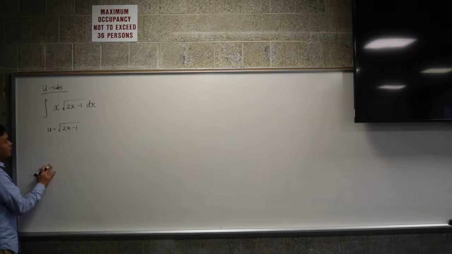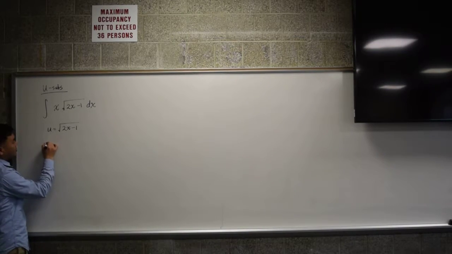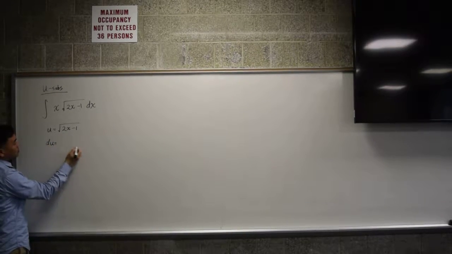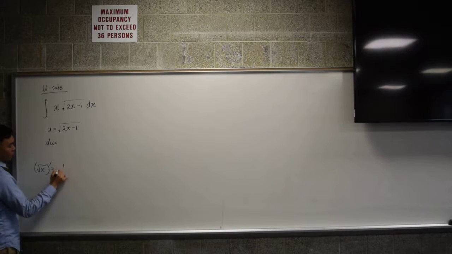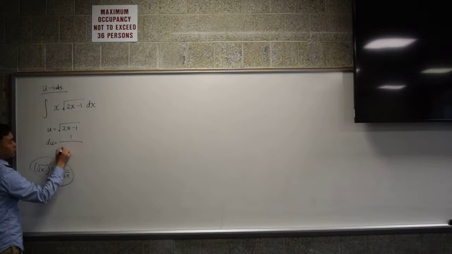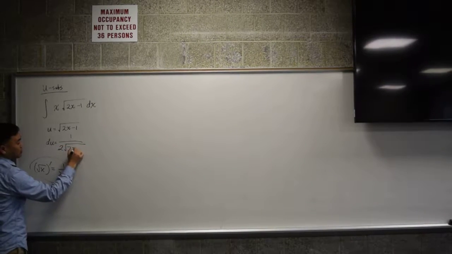Okay, all right, so let's see. If I differentiate, du, the derivative of square root of x is what? 1 over 2 radical x, right? And because of that, this is 1 over 2 times the square root of 2x minus 1.